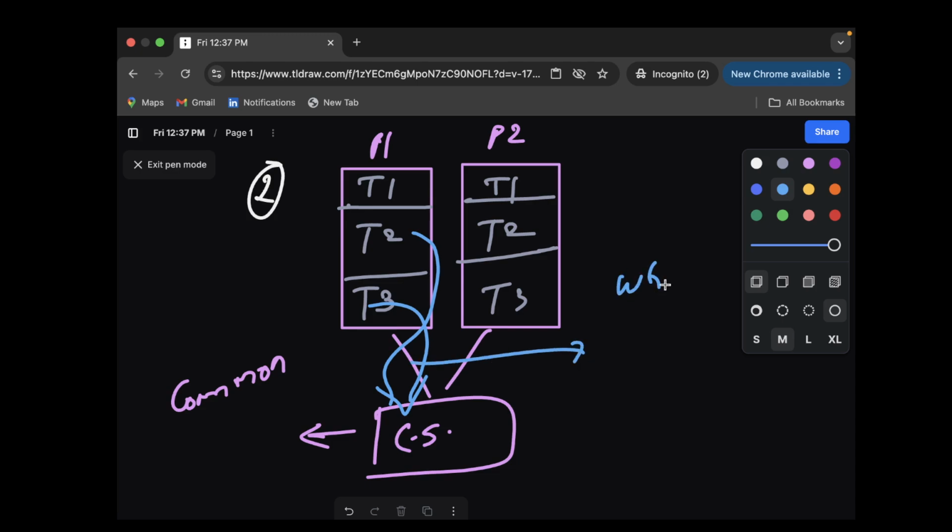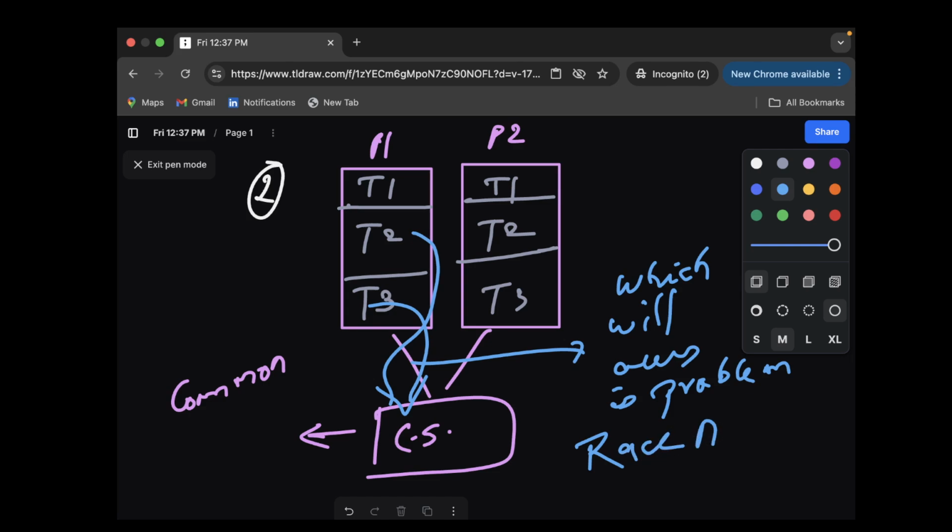Which will access is a problem, right? That is nothing but my race condition. Threads are racing with each other. So this is basically race condition. Who is going to update?